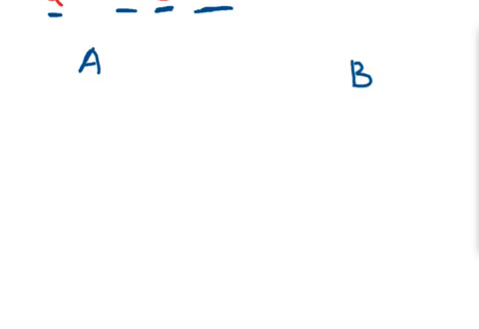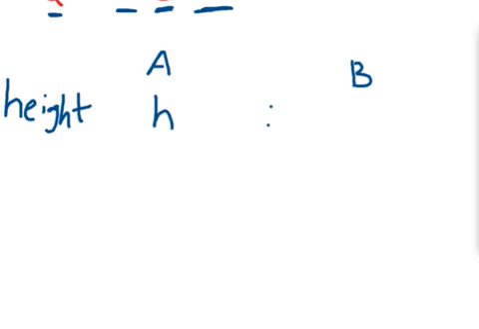So in terms of height, okay, let me adjust this so that we can have enough space. In terms of the height, we are told that they fell from the same height, so we have H ratio H. Then the next thing we can also talk about is the mass.